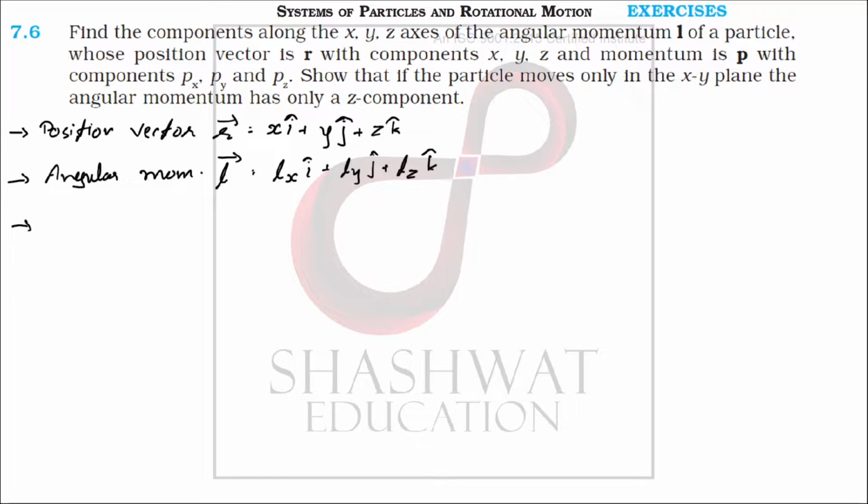Similarly, momentum or linear momentum vector P is also having three components: Px i cap plus Py j cap plus Pz k cap. Okay, so we are having three vectors.